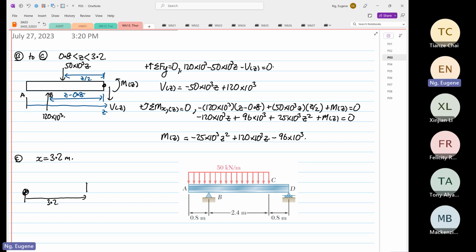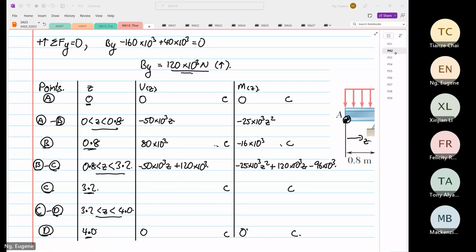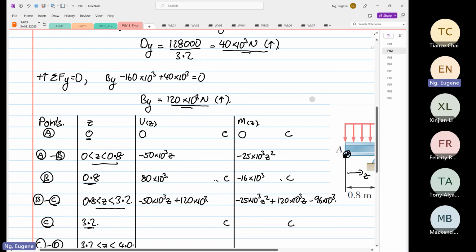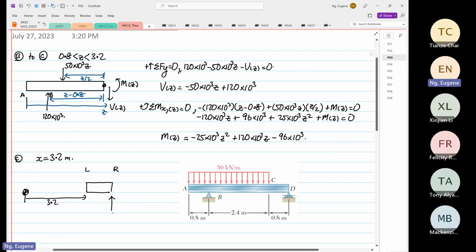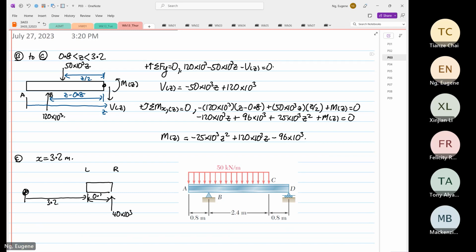But I'm going to analyze a vertical. This will have a vertical force of 40 times 10 to the power 3. And we know this distance, right, is equal to 0.8.